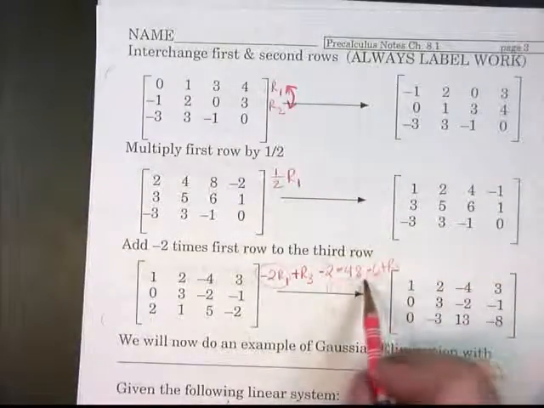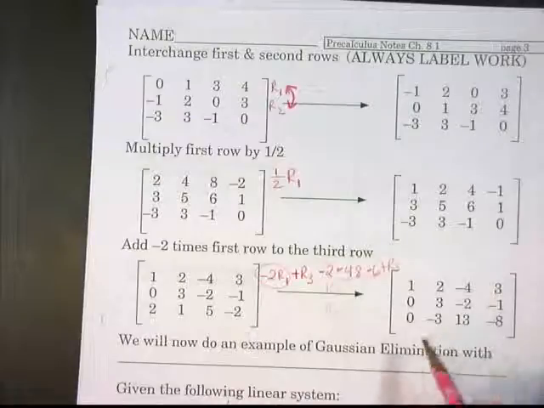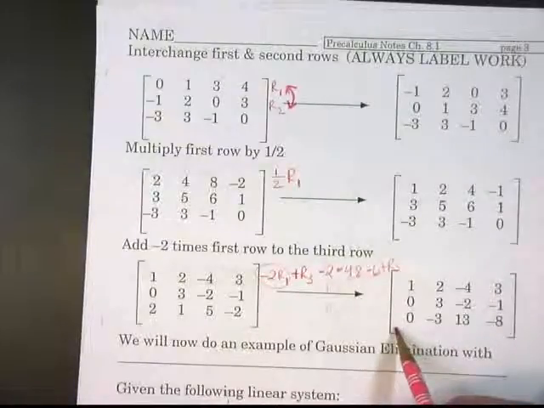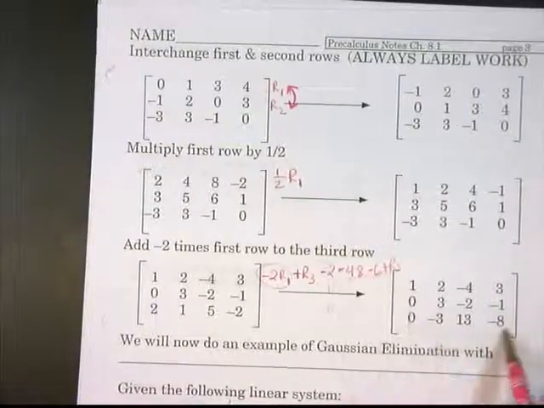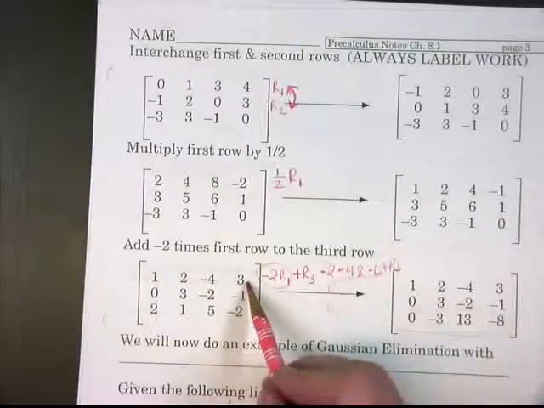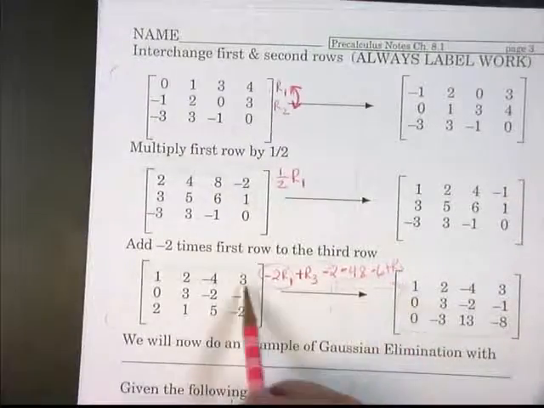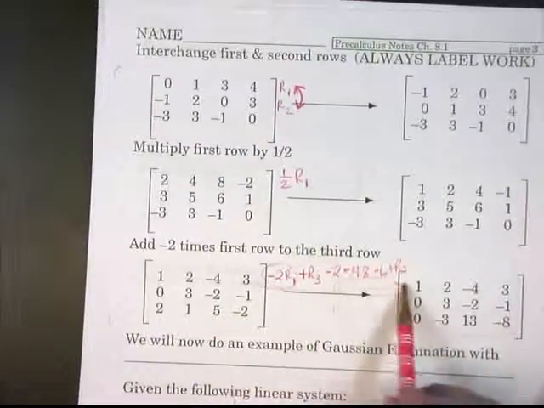Now we're going to change row 3, because we're starting with that row 1, which means we end with it unchanged.